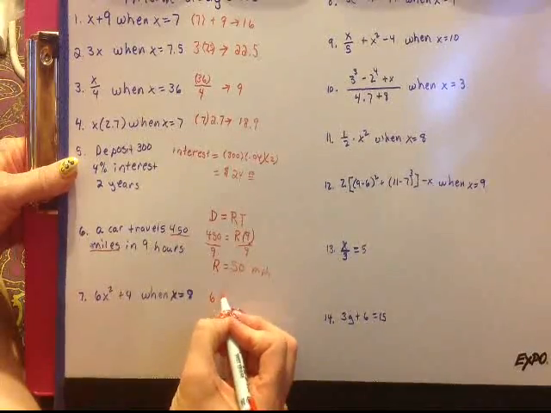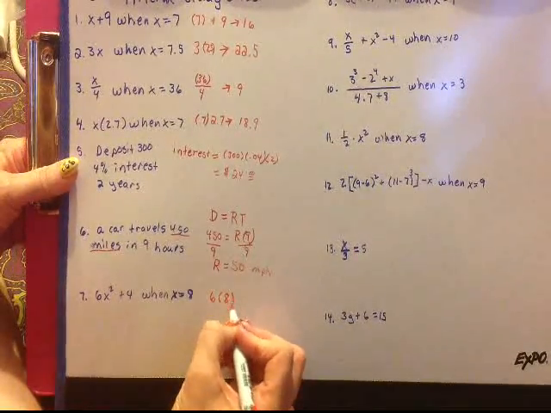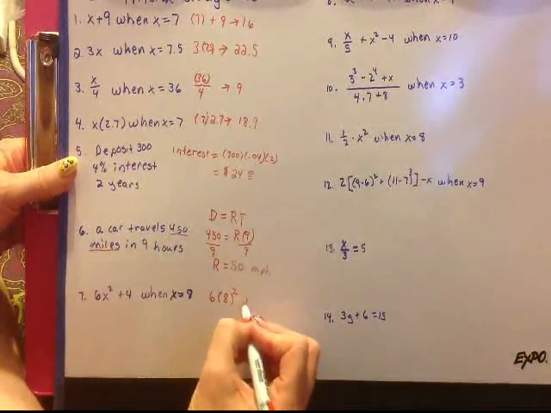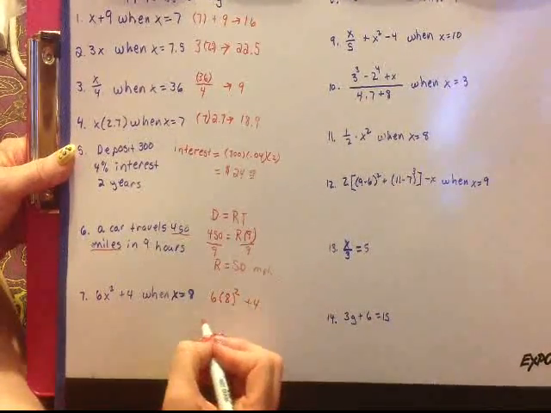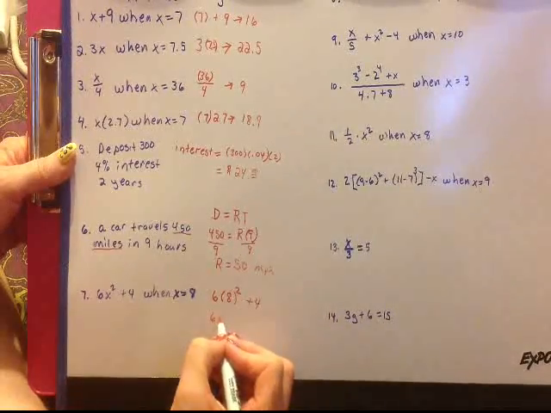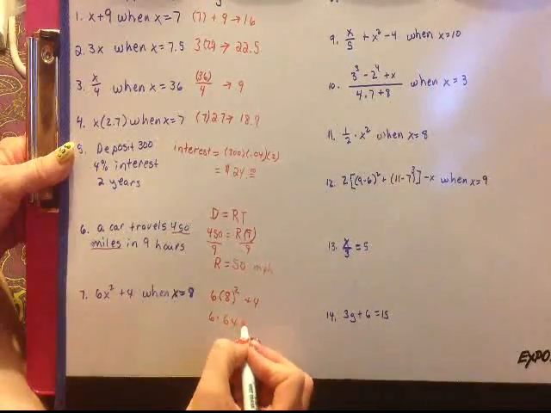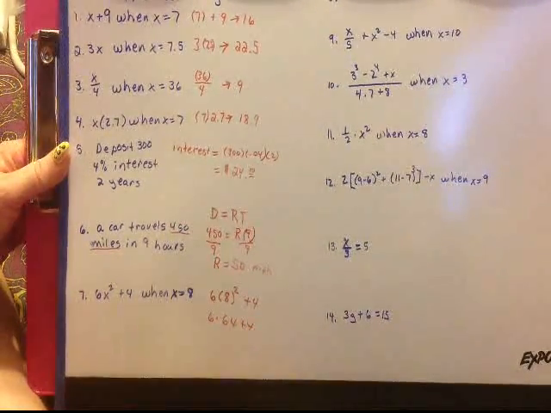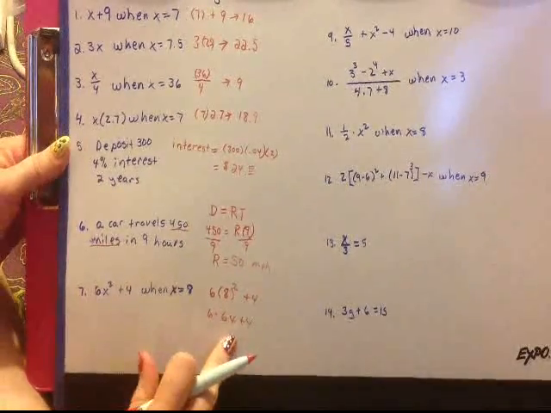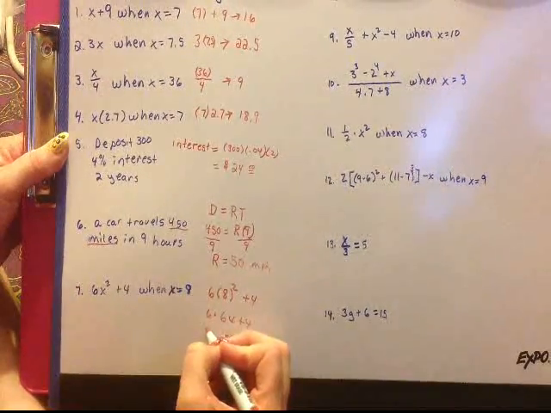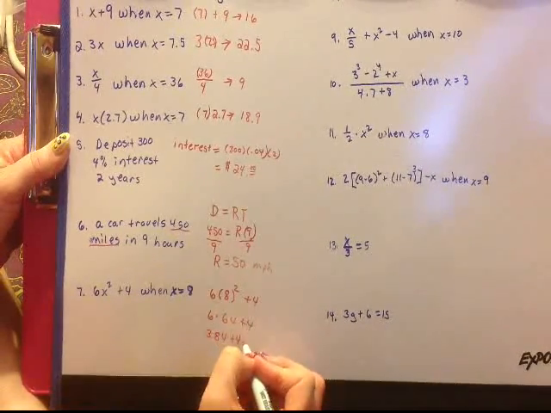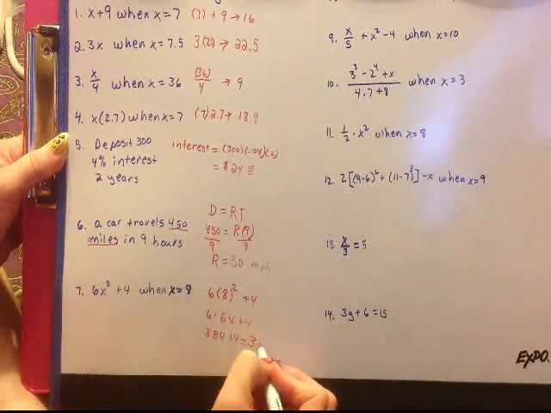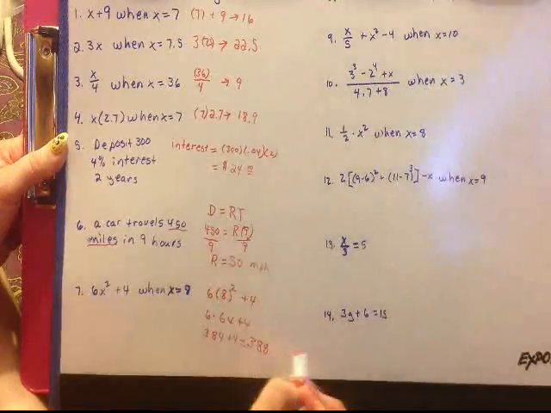So 6 times 8 squared plus 4, which is then 6 times 64 plus 4. And 6 times 64 is 384 plus 4. The answer is 388.